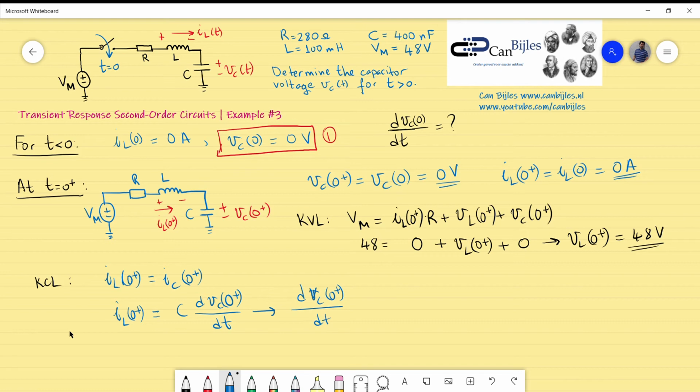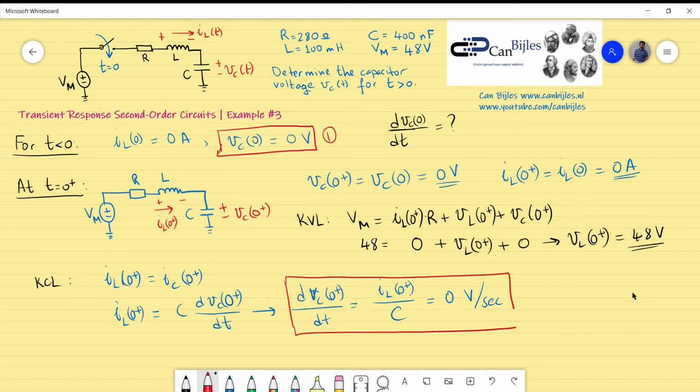I will get IL at 0 plus divided by C. Since IL at 0 is 0, that brings us to 0 volts per second. This is the second initial condition I will need to set up the total response.